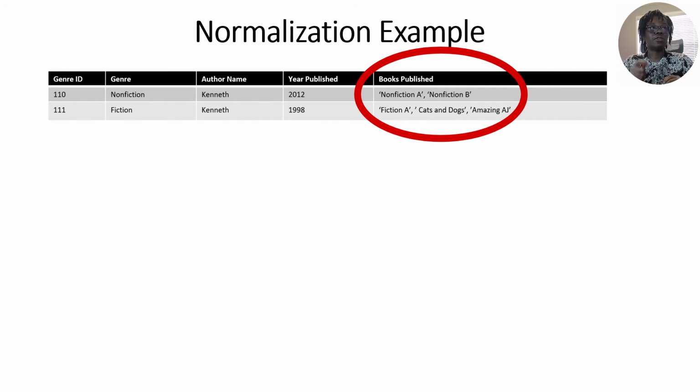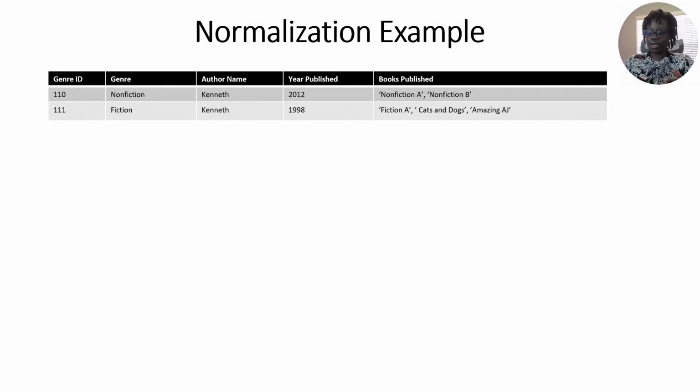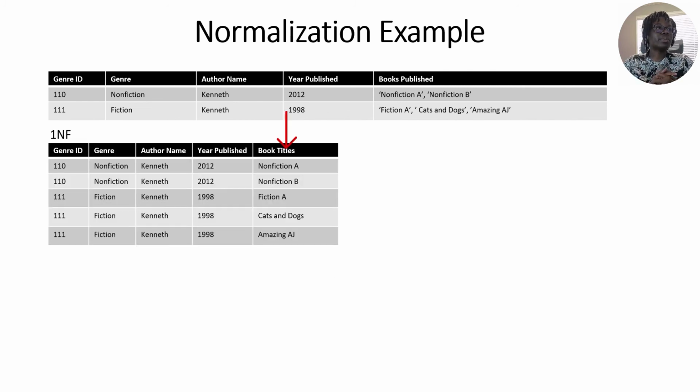We have nonfiction A, nonfiction B, and the books published. Now to attain the first normal form, we have to break down the books published into each individual cell. So now we have 5 entries instead of 2 entries because we broke down the books published. So now instead of books published, we have book titles. This is the first normal form.